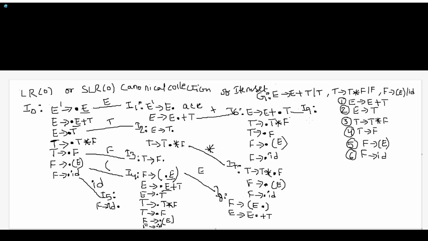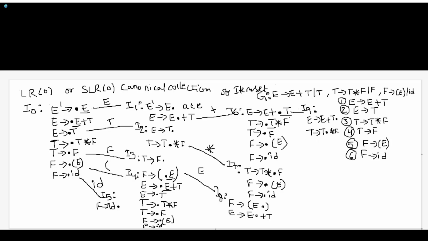Now what is I9? E derives E plus T dot. Now again if you observe carefully, after dot this symbol and this symbol were the same. So again carry the second production also, T derives T dot star F.